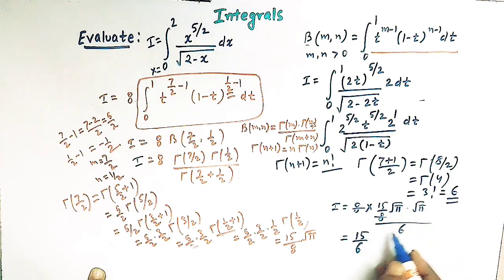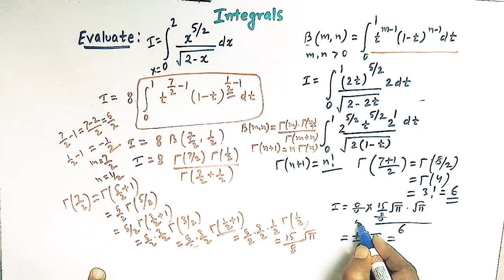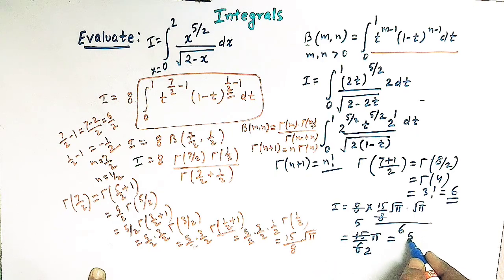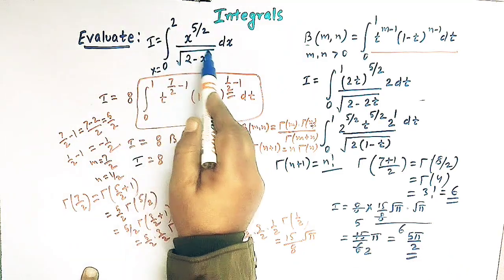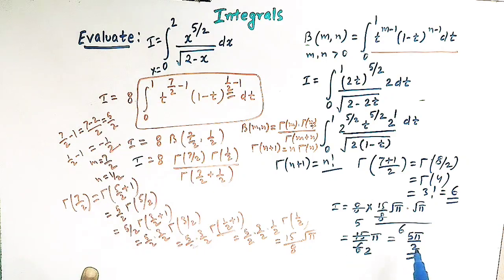Root pi times root pi is pi, and again simplifying, this is 3 times 5, and 3 times 2 is 6, so we have 5 pi over 2, right? So viewers, the value of this integral I is 5 pi divided by 2.